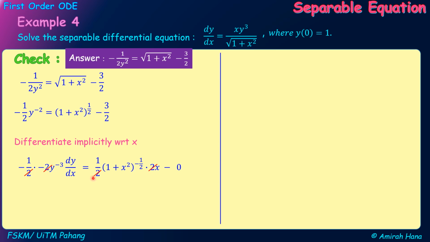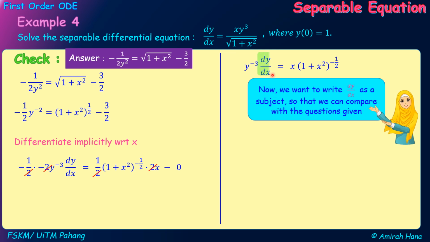After we simplify, we get negative times negative equals positive. So we get positive y to the power of negative 3 dy over dx equals to 1. We can write x in front here, so we get x times 1 plus x squared bracket to the power of negative half, and then minus 0, no need to write.